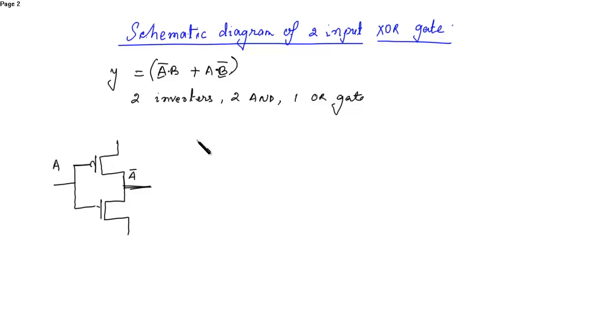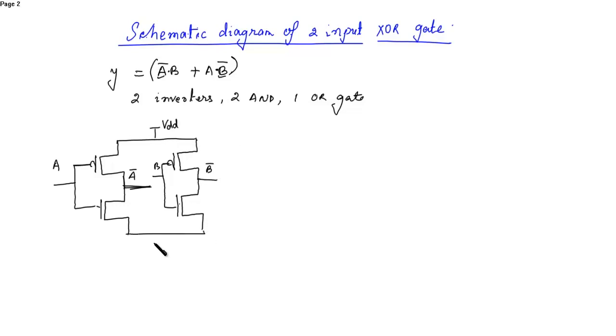Then you have another inverter, this has input B and the output is B bar. This is VDD, this is the ground, this is the inverter, only obtaining the A bar and B bar.